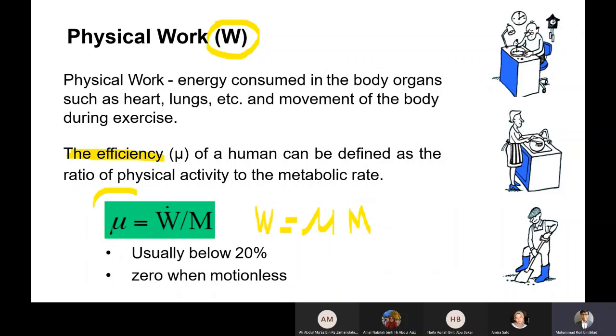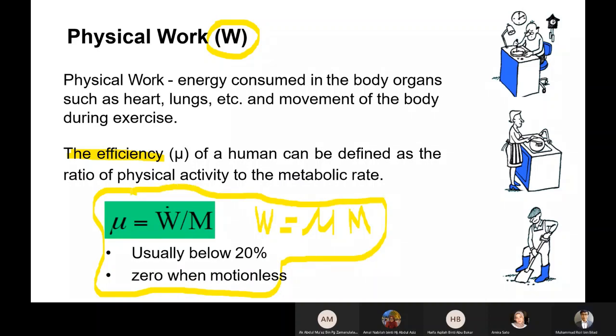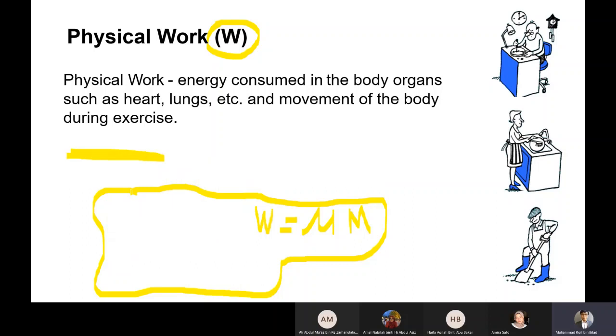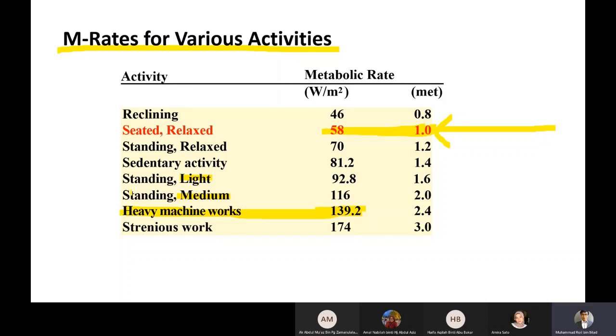So if you want to estimate, for example, how much is energy per area of your skin when you walk, then you have to estimate from the total metabolism energy of walking. Well, say it's around this probably, and then you just estimate 10%.